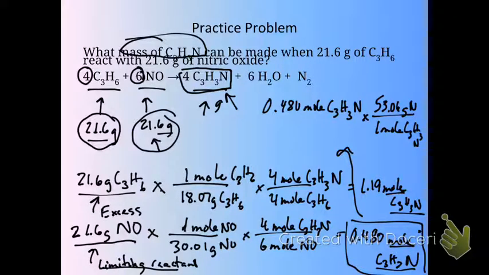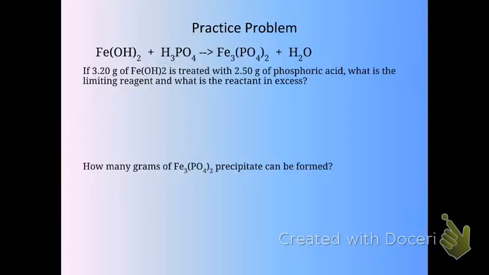If I multiply that by 0.480, it's about 25.5 grams of C3H3N. Okay? All right. Next one.